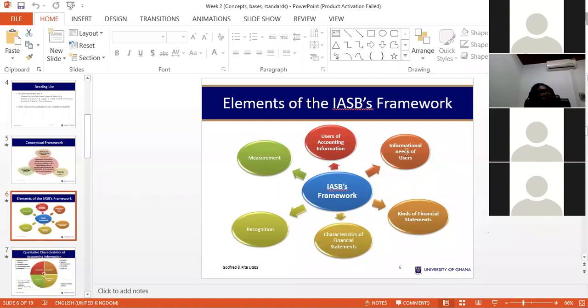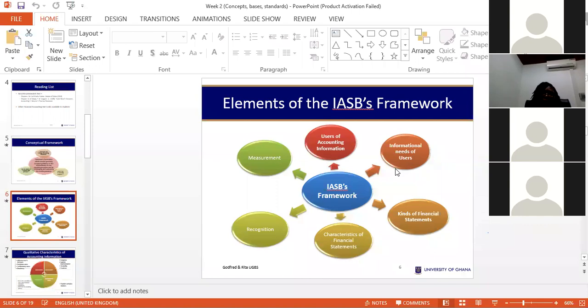Within that framework, we also have the informational needs. Okay, so the setters of the framework came together to think about what possibly each user would need, and they incorporated it into the preparation of the accounting reports. And that is why I indicated earlier that it is known as the general purpose.